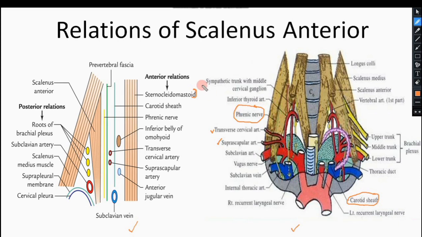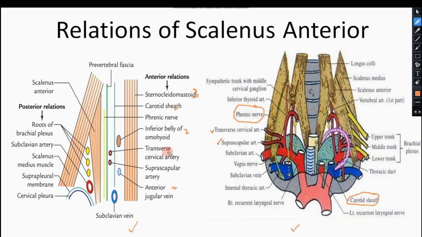Now in this image we can see what I said here: sternocleidomastoid, then inferior belly of omohyoid, then jugular vein, this is the carotid sheath.